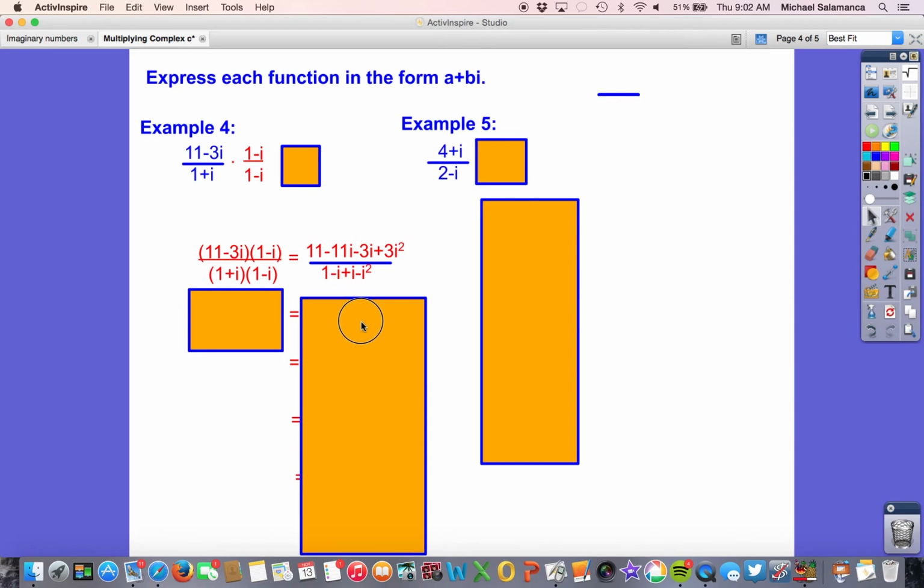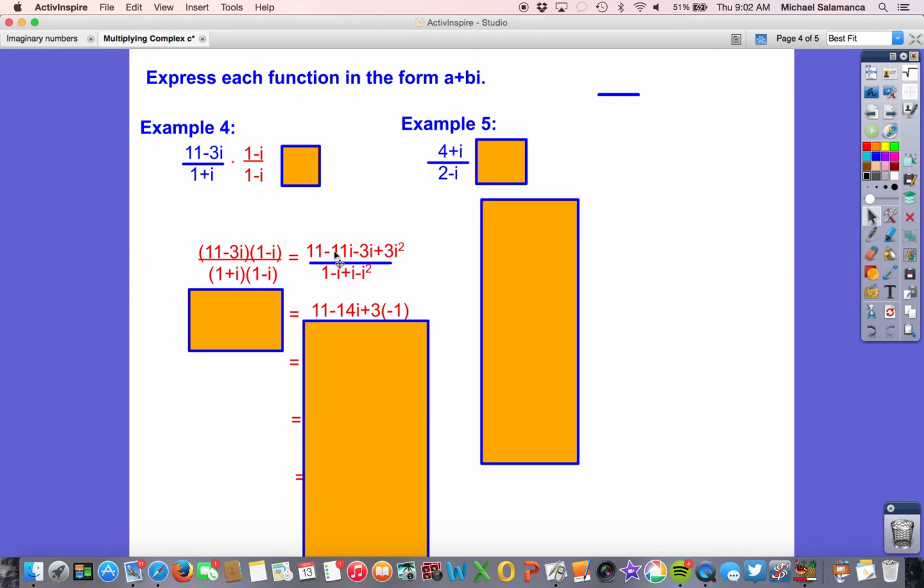Then we're going to combine like terms on the numerator. Negative 11i minus 3i is negative 14i. And when we do the same thing at the bottom, negative i plus i cancels out. And keep in mind that i squared is negative 1. So negative 1 is positive 1 like we see here.